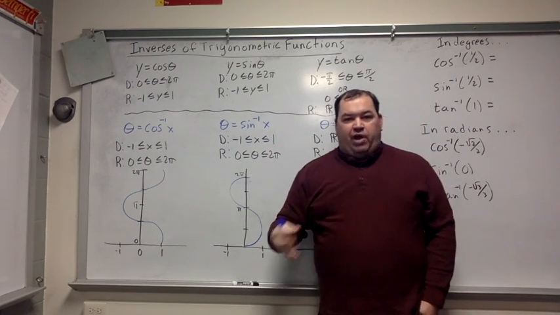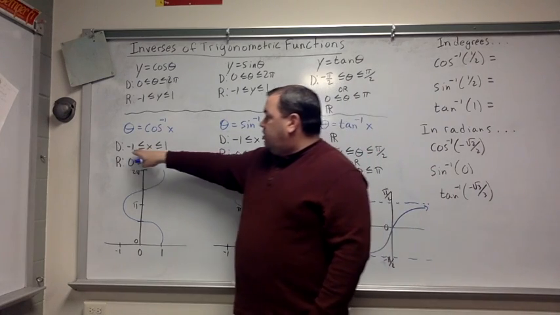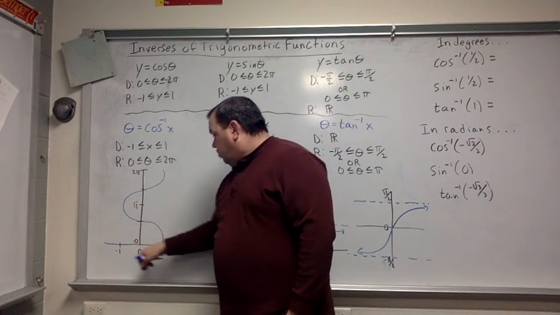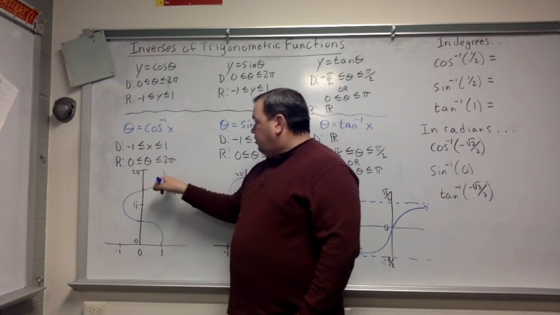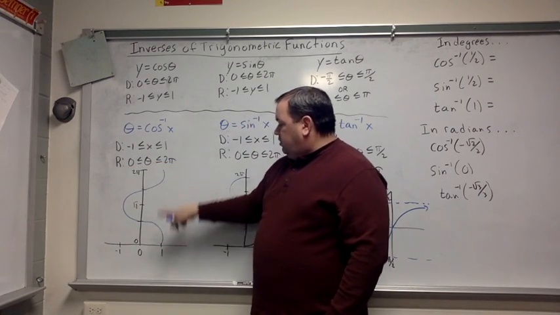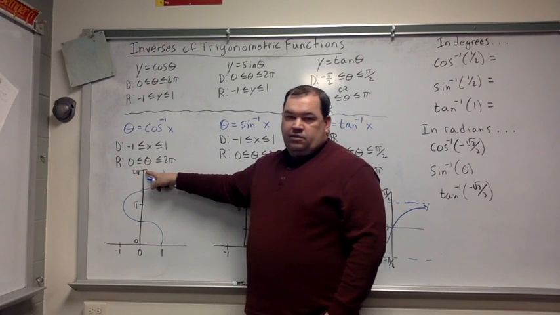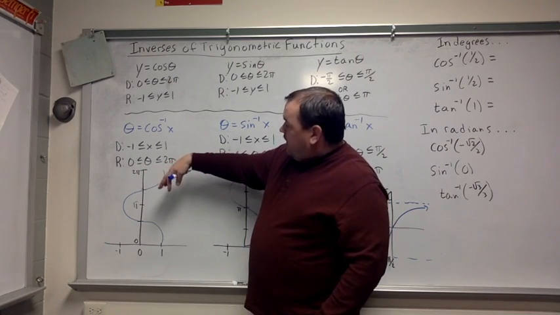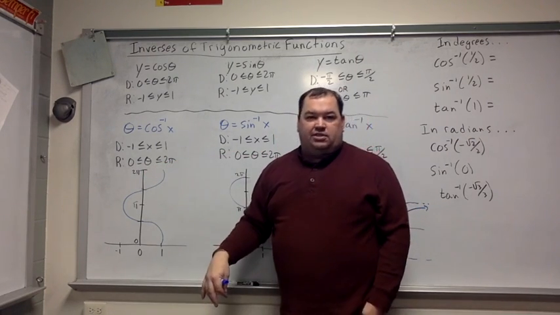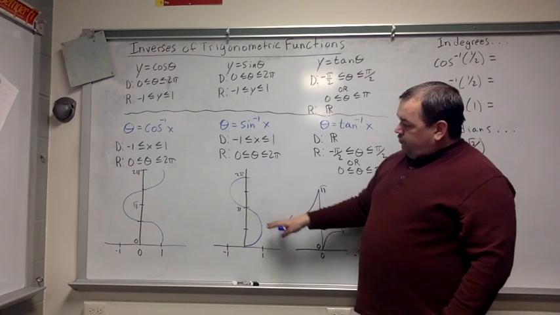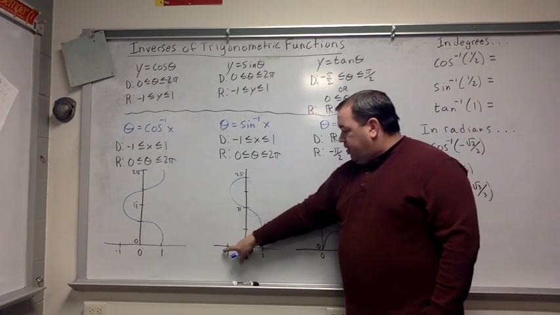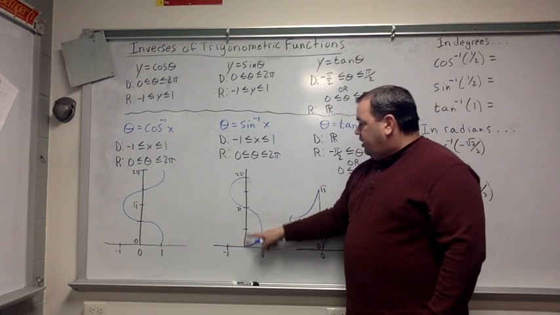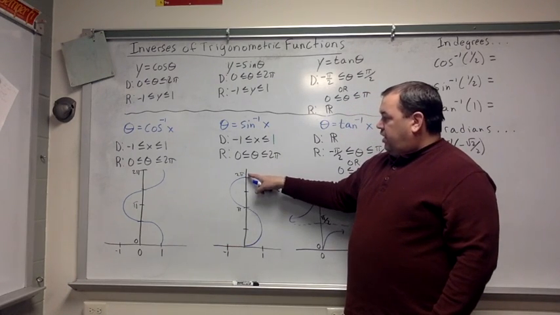Now, if we look at the graphs, this says the domain stays between -1 and 1, which is true, and the range goes from 0 to 2 pi. So it looks a lot like that cosine curve kind of turned on its side. The sine curve looks a little like a sine curve, bouncing between -1 and 1, and having this go to 2 pi.